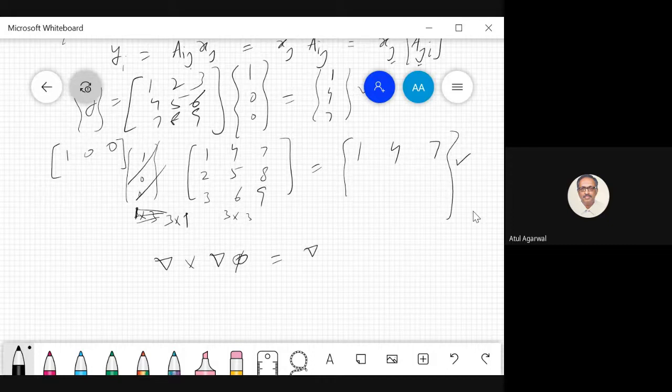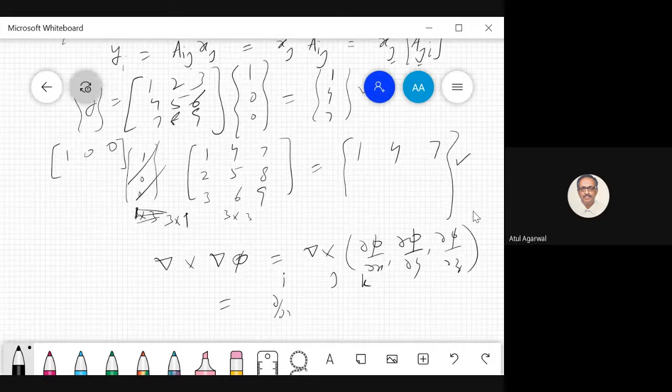So what is your gradient of phi? Del phi by del x, del phi by del y, del phi by del z. So what this becomes? i, j, k. What is gradient? Del by del x, del by del y, del by del z. So we have to check whether this gives you a zero.